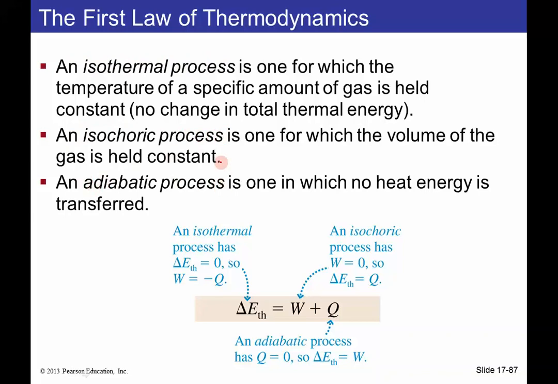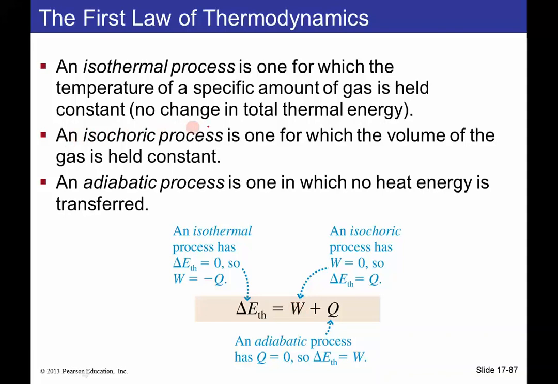There is also the isobaric process, but we won't talk about that in this video. An isothermal process is one in which the temperature doesn't change. Because the temperature doesn't change and the thermal energy only depends on the temperature, the change in thermal energy is zero in an isothermal process and the work done is equal to minus the heat. Or, all the heat that the system gets is used for work. That's another way to put it.